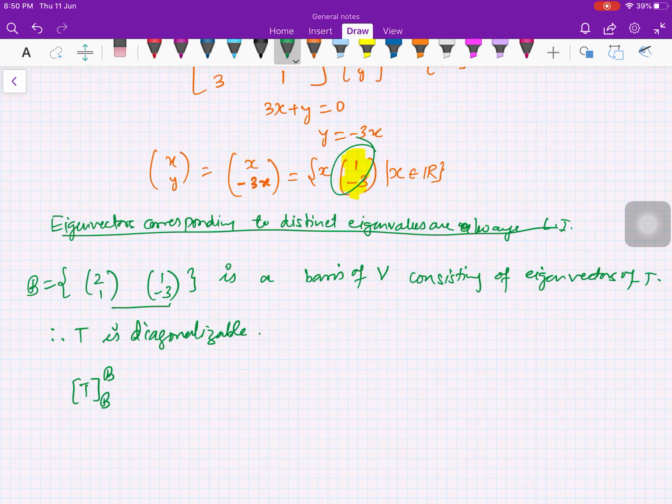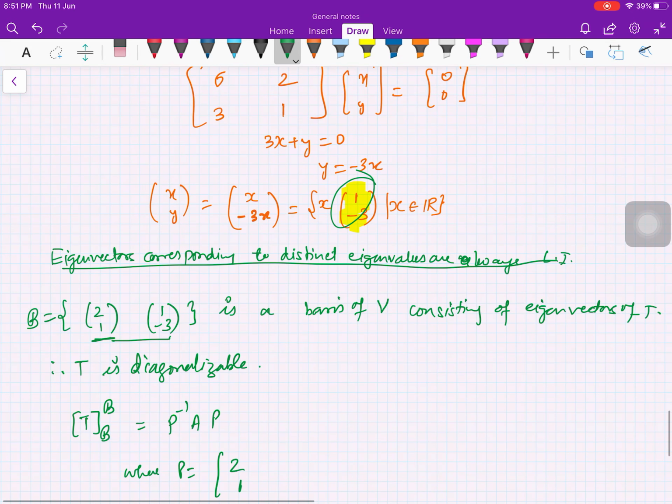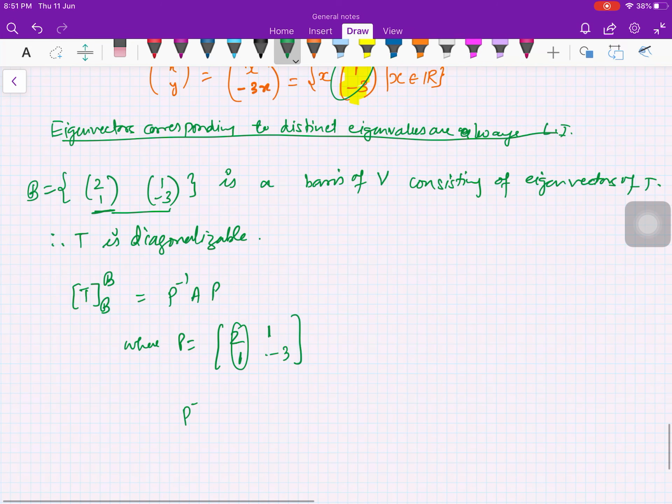Now the question is, what is the matrix of T with respect to this basis? You can do that from basics also, or that is P inverse AP, where P has these vectors as columns. The first column is (2, 1) and the second column is (1, minus 3).